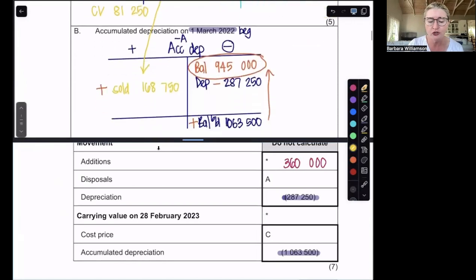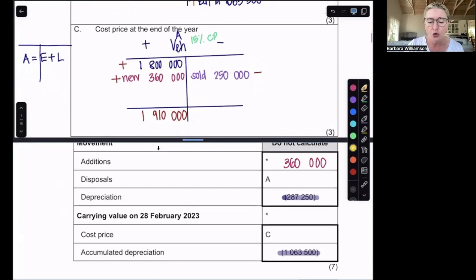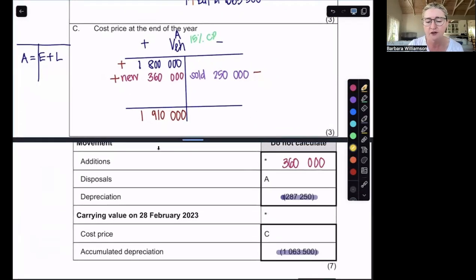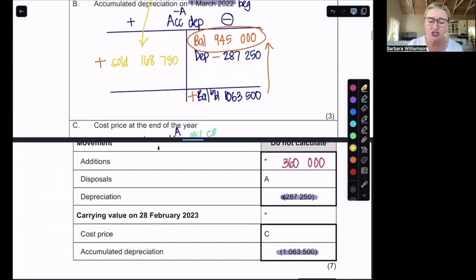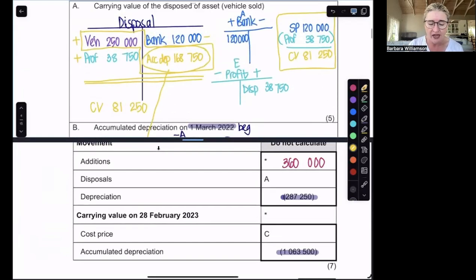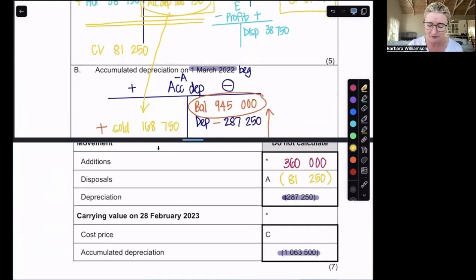Or, if you've only got your T accounts, you could show your vehicles amount over here, the sold 250,000 minus the sold 168,750 in ACDEP. That combination would obviously give you the 81,250 that you worked out at the beginning. Again, that needs to be in brackets because it's being subtracted.